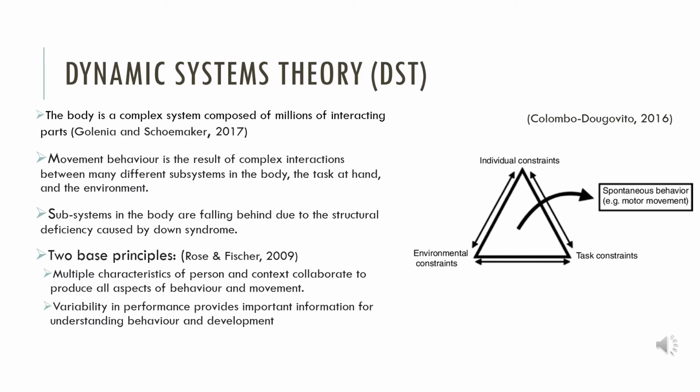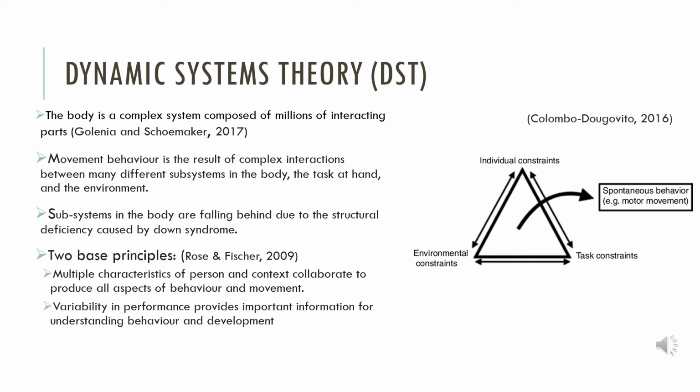According to Rose and Fisher, 2009, this aligns with the two base principles of dynamic systems theory. Firstly, multiple characteristics of person and context collaborate to produce all aspects of behavior and movement.